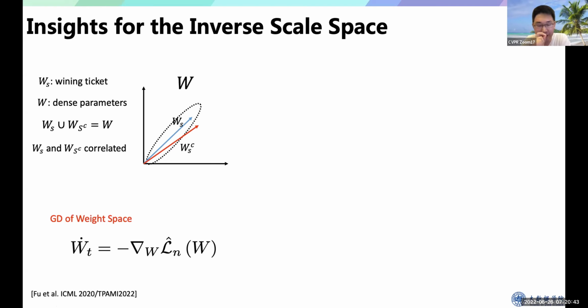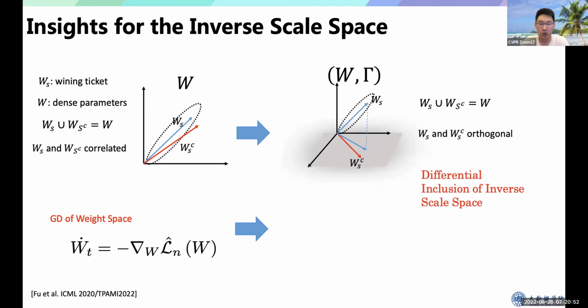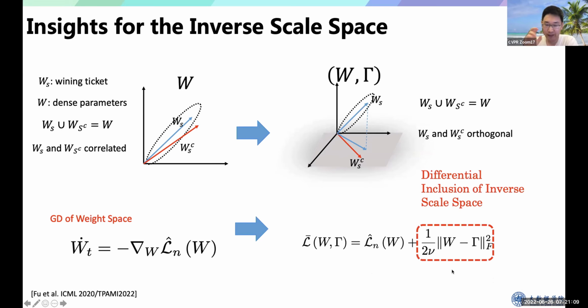But if we lift W and gamma into a high dimension space, W_S and W_S^c can quite likely be orthogonal, making W_S easy to identify. And we update the loss by using an additional L2 regularization here to keep gamma and W close enough.